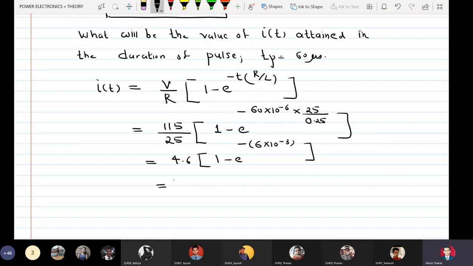E raised to minus 6 into 10 raised to minus 3.